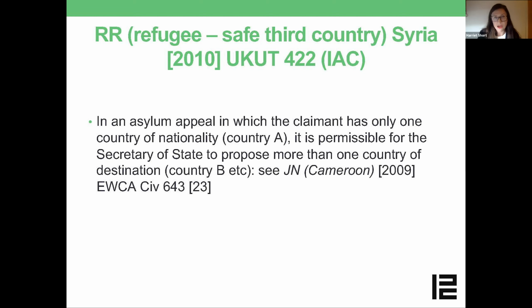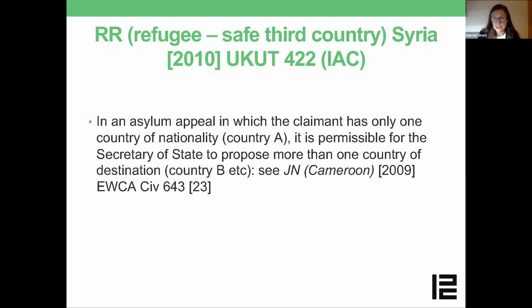Article 33 of the 1951 Convention only prevents refoulement if the country of destination is one in which the individual's life or freedom would be threatened. In the event, in Syria, the UT found there was a risk of chain refoulement from Algeria to Syria and a risk of Article 3 ill treatment.